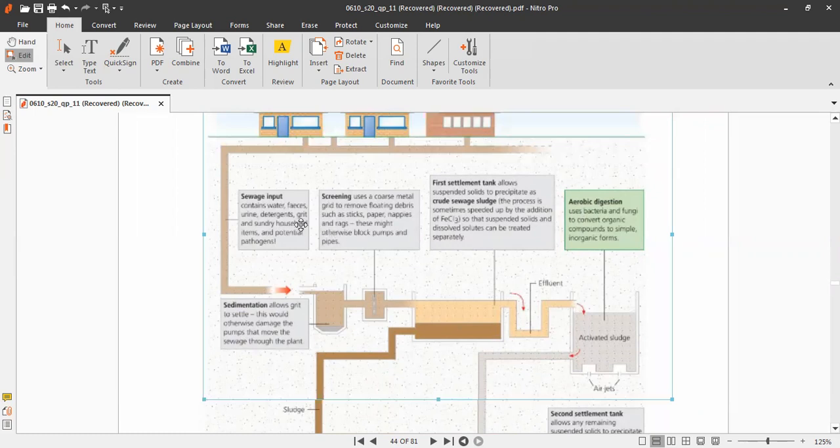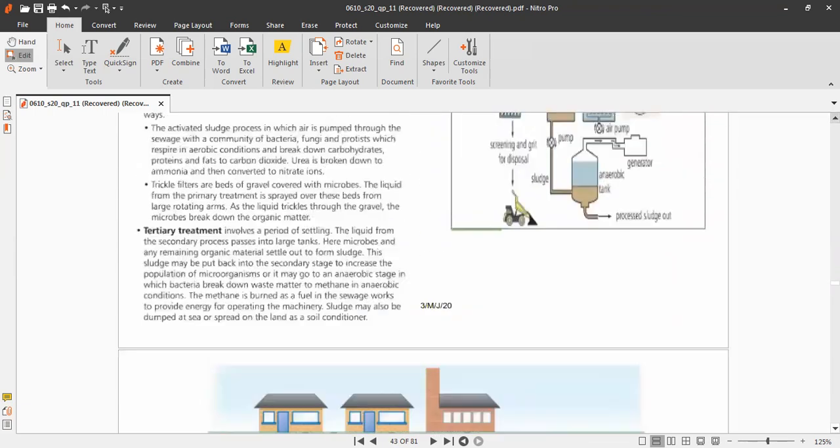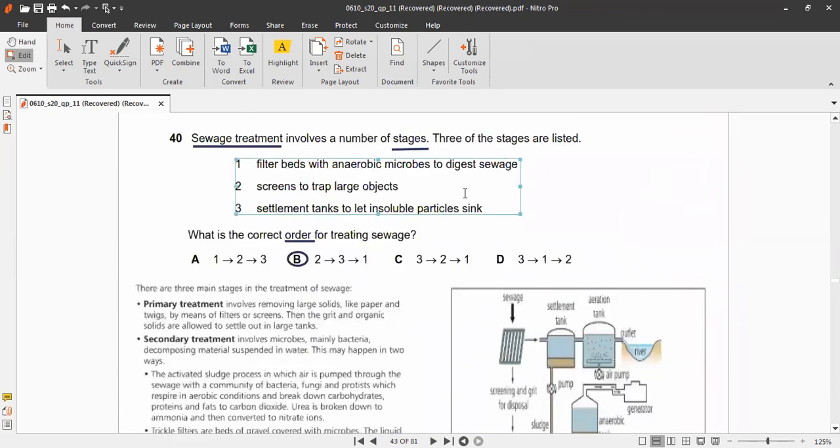Look here, sewage input, and here screening. So the first one is screens to trap large objects.